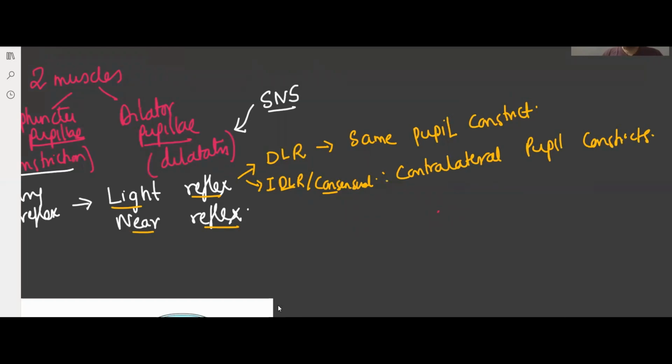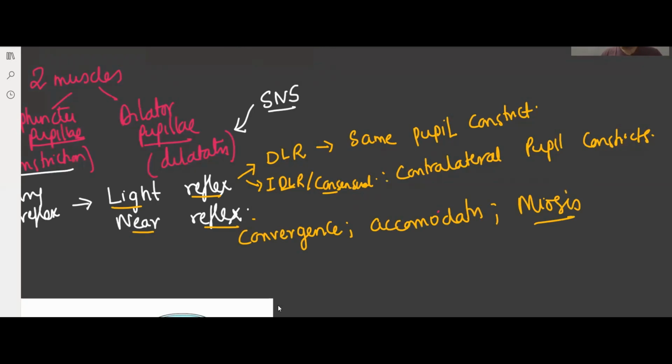So what about the near reflex? The near reflex is basically a triad of three things. When we are focusing at a distant object and then suddenly a near object is brought into focus, to see the near object clearly, the eye has to make some adjustment. The adjustments the eye makes are convergence, accommodation, and meiosis.